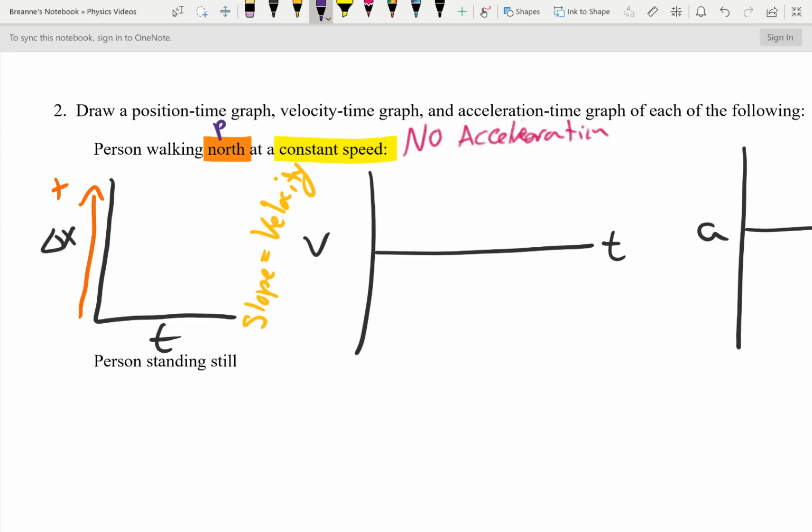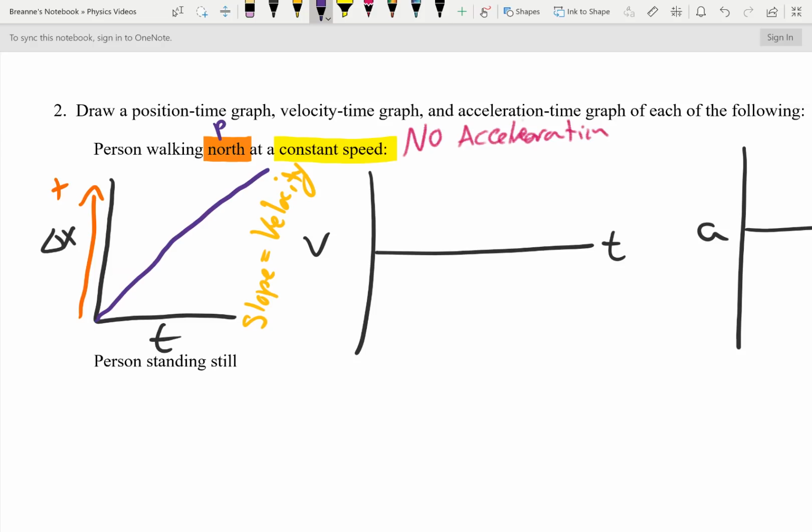So positive direction, constant speed. So we want a constant slope. So going up the graph means we're positive. Straight line, straight as I can draw it, straight line means it's a constant speed because that's a constant slope, a non-changing slope. Constant means non-changing.